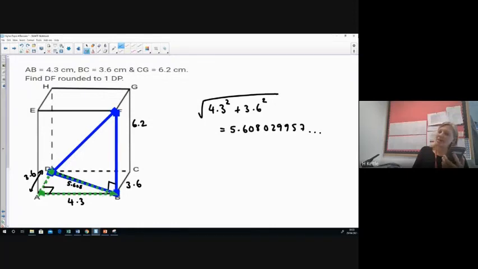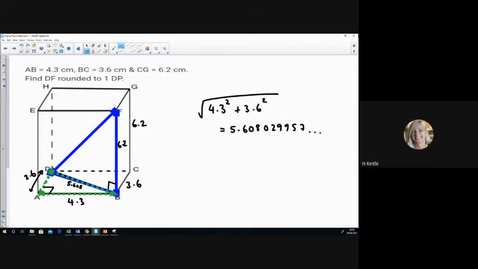We're going to use that and the fact that we know that the height here is 6.2 to get the hypotenuse of this next triangle. So I'm going to use the value I've just got in my calculator and square it straight away, so I'm not going to have to type it all out again. I'm just going to keep it really accurate. So that squared, add 6.2 squared is 69.89.